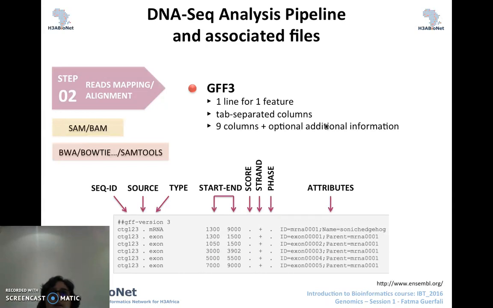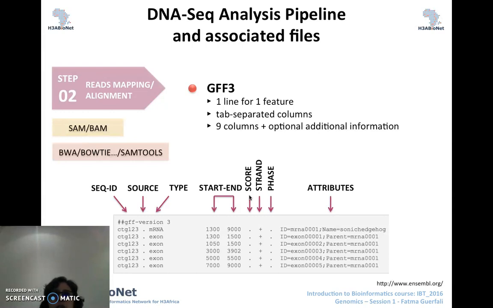4 and 5 are the start and end of the feature, with sequence numbering starting at 1. This is something you need to take care of while dealing with the different file formats, because some have 0-based counting and some others have 1-based counting. This is something that the tools or software know how to deal with.